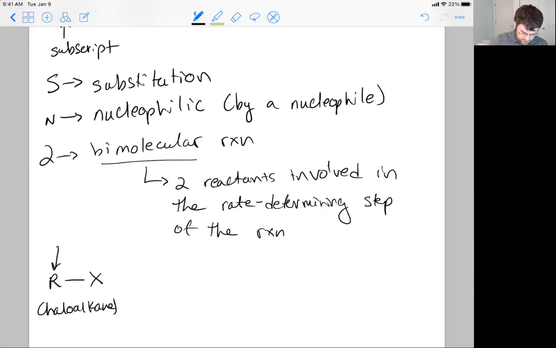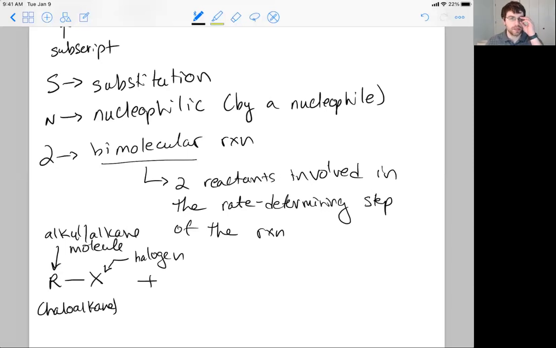So R corresponds to an alkyl molecule, and X is our usual halogen. For the most part, it's going to be bromine, but we'll see examples where iodine can work. Sometimes we can even get chlorine to work. Fluorine really never works, but if you put X equal to fluorine, it would still be a haloalkane. It just doesn't do this transformation that well.